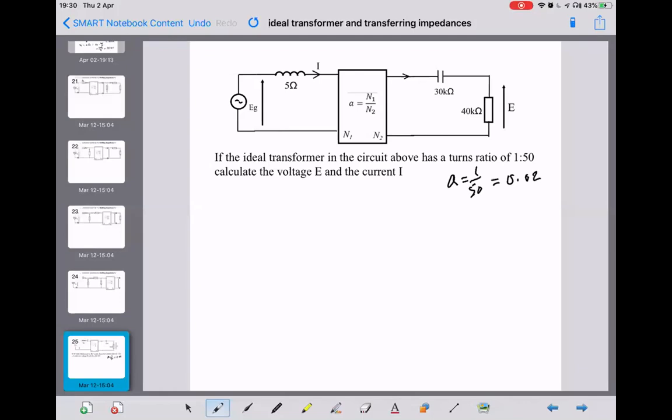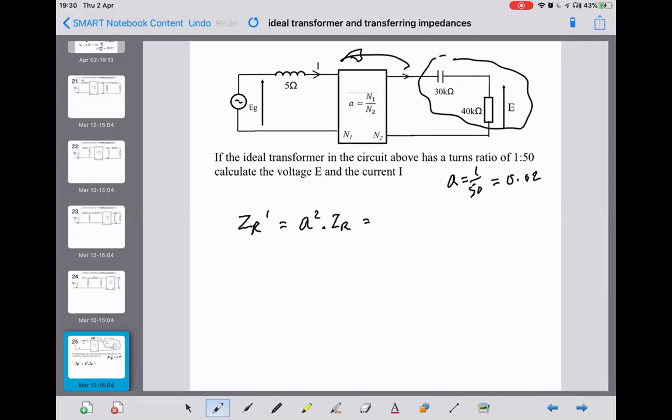First thing we need to do is transfer these two impedances from this side over. So we can take the resistance, we'll call it ZR, but we want to know ZR dash. That's equal to A squared times ZR.